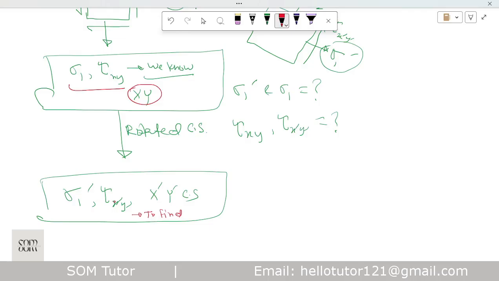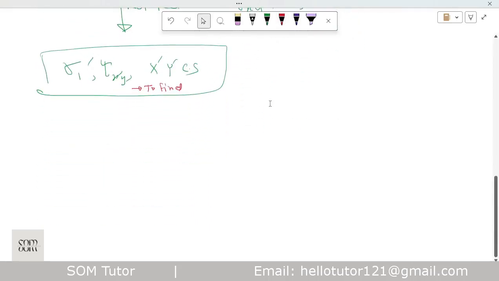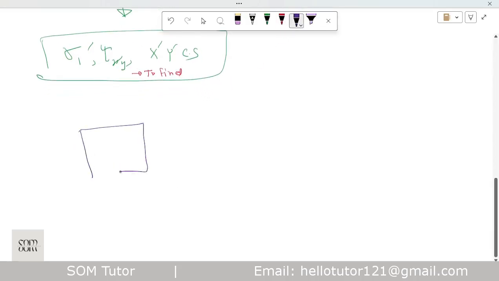This is one way of understanding it, and the other way of understanding plane stress transformation is this: if we know the state of stress, now we want to find the stress on an oblique plane. For example, this one is a normal plane.